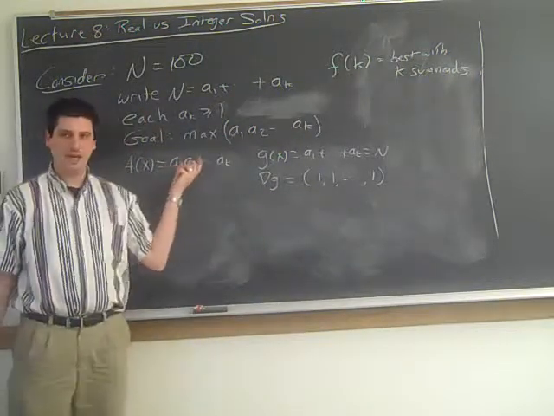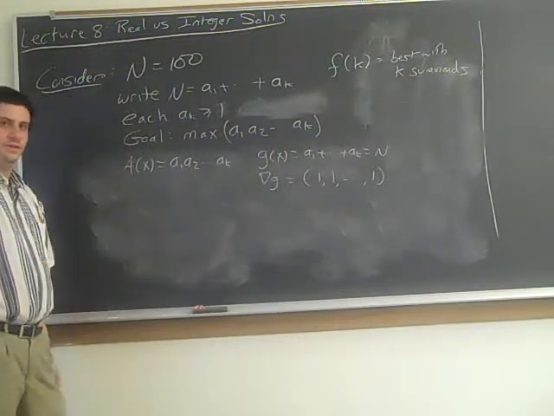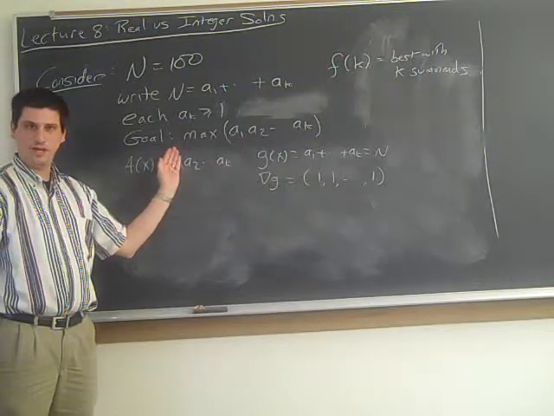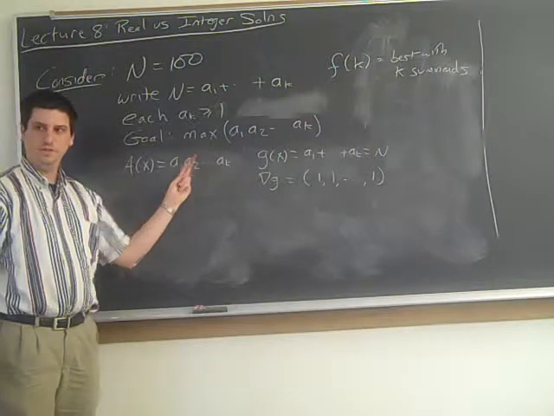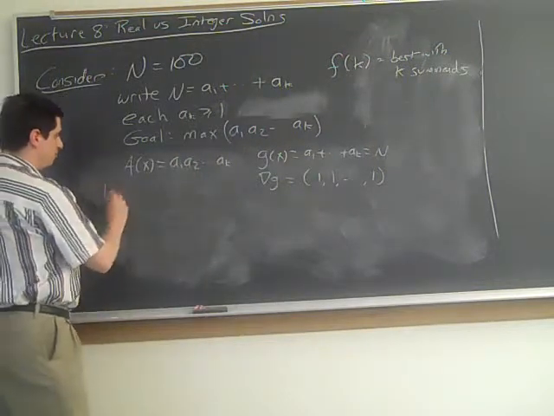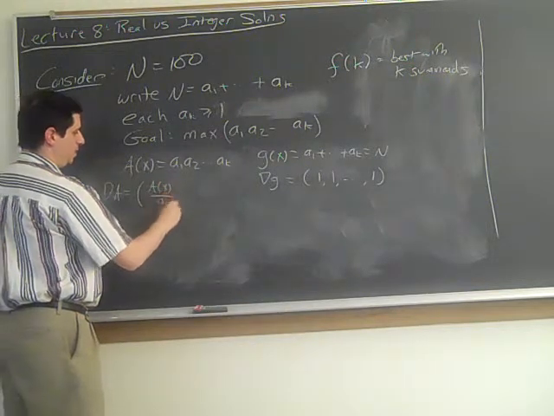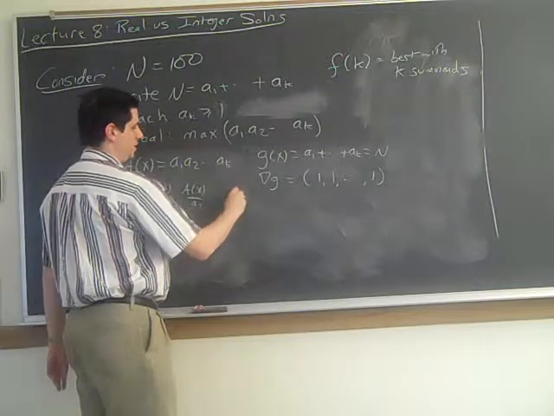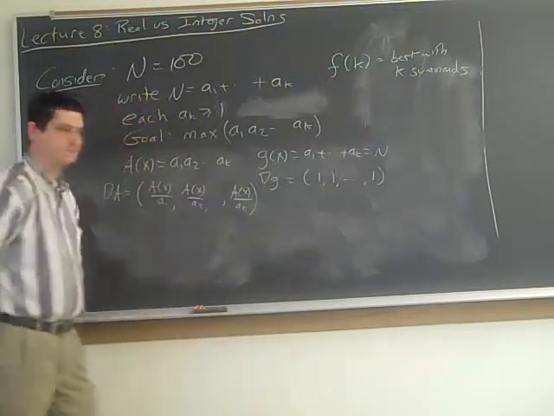What's the gradient of A? So I take the derivative first with respect to a1 and I get a2 through ak. Then I take the derivative with respect to a2 and I get everything but a2. So a nice way of writing the gradient of A is it's just A of x over a1, A of x over a2, up to A of x over ak.